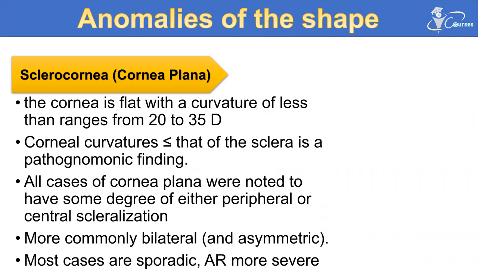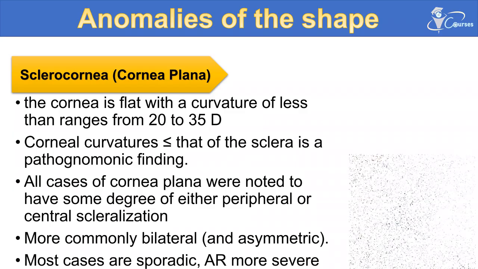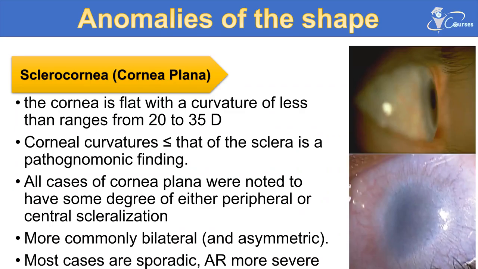We know that the corneal curvature is normally around 43 to 44 diopters. If you find that the cornea is flat, with a curvature less than that, like between 20 and 35 diopters, you can see how flat the cornea is. In this case, we call it cornea plana.